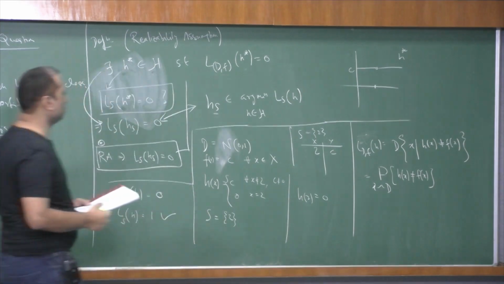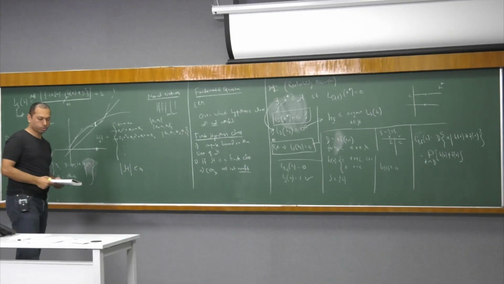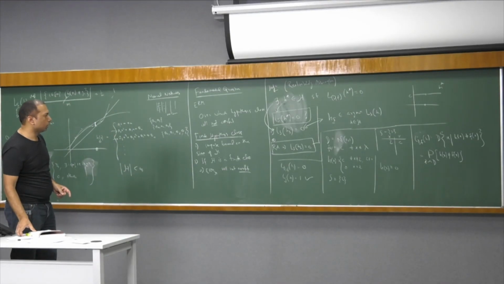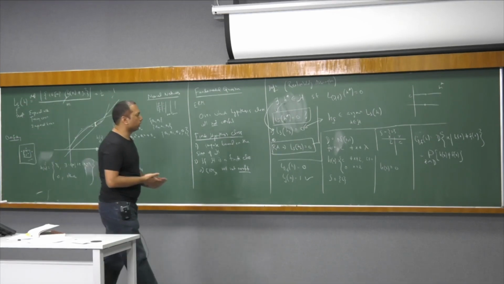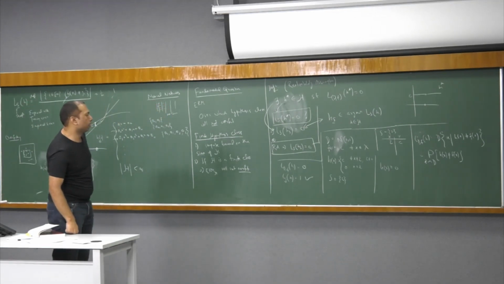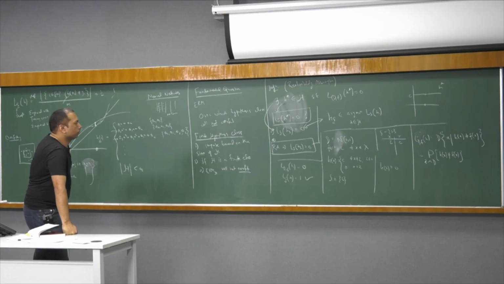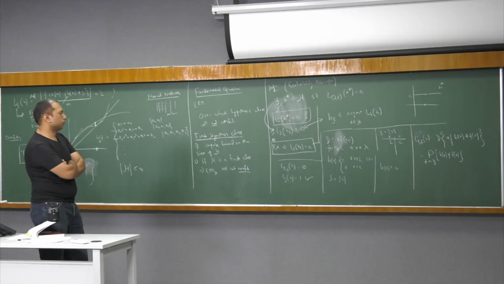Okay, so we want to ensure that for this choice of h, which is very special here, this L_D is supposed to be 0. It takes the value exactly 2, which is 0 obviously. Interesting.